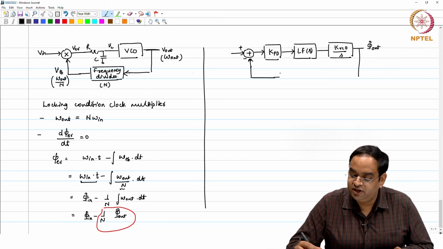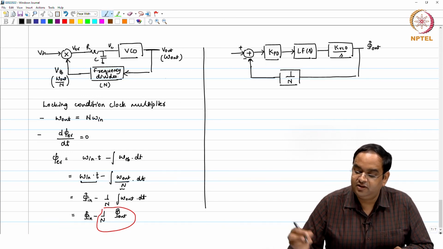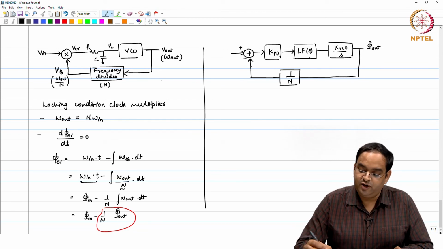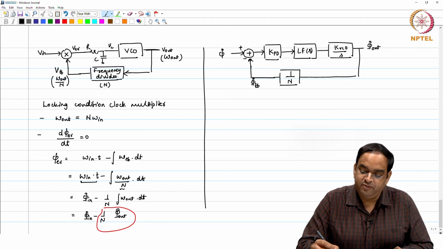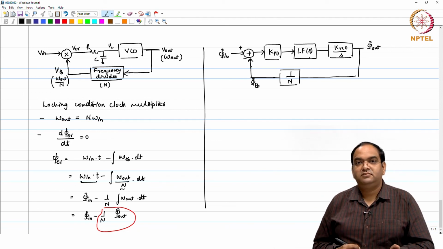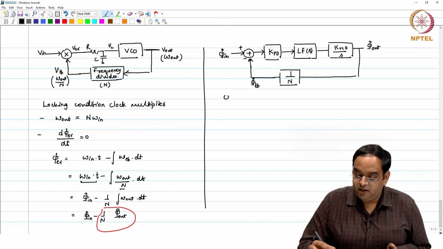Because you are using a frequency divider, your feedback phase gets divided by a gain of 1 over n. Here your feedback phase is equal to the output phase by n.